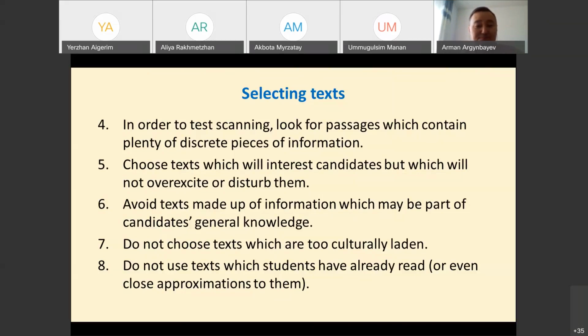All right. 6.1, avoid texts made up of general knowledge information. We mentioned it before in our earlier lectures and seminars. We don't use texts which can be easily answered because of the general knowledge of the students.